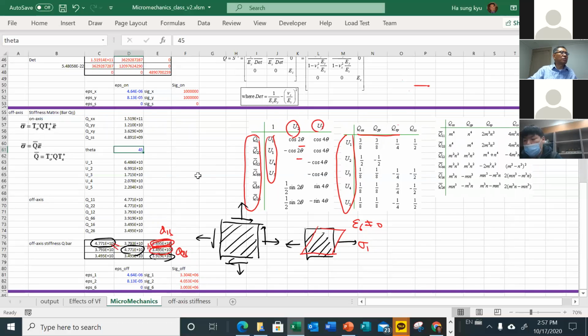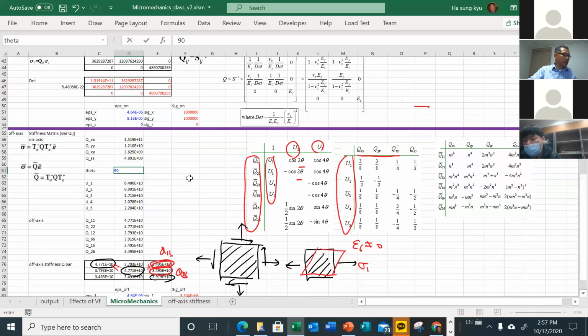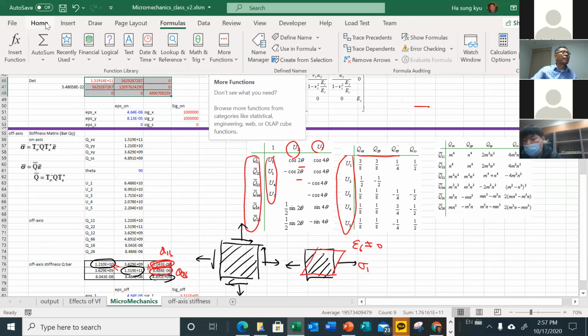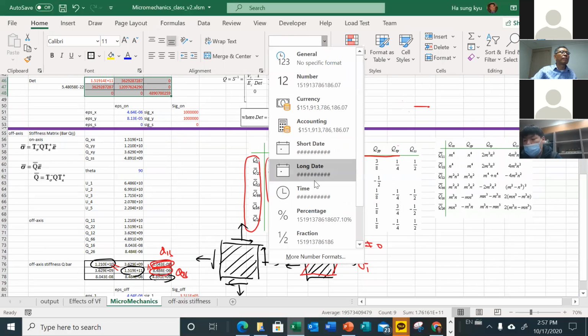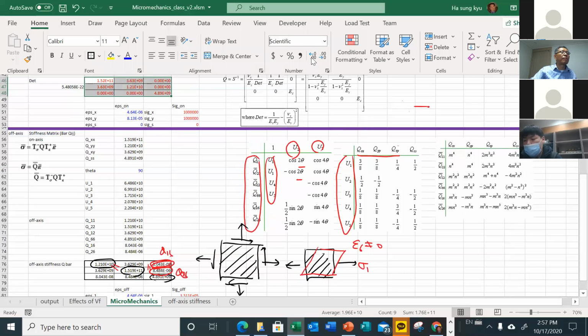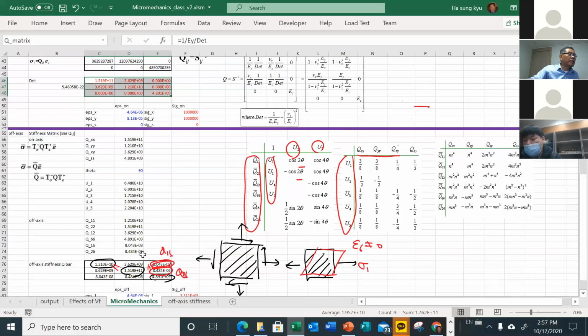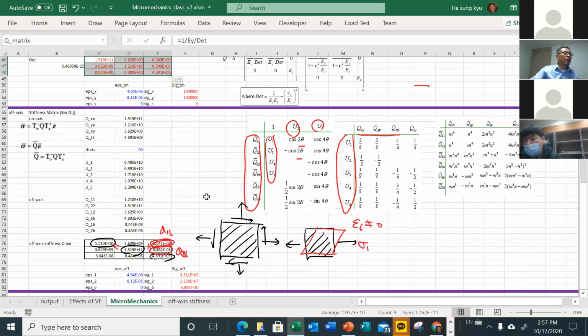Now let's try to transform by 90 degrees. What if the angle is 90? Well, at 90 degrees, the coordinate system is now rotated by 90 degrees. What does it mean?